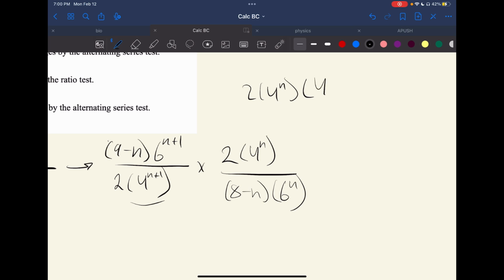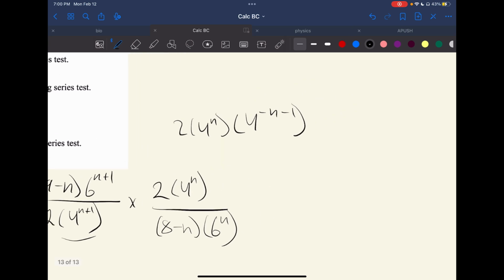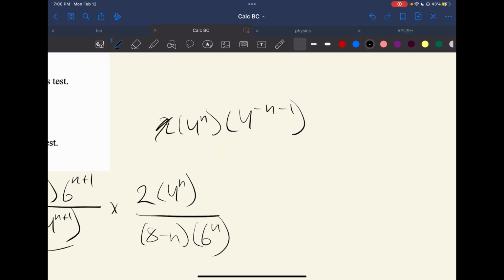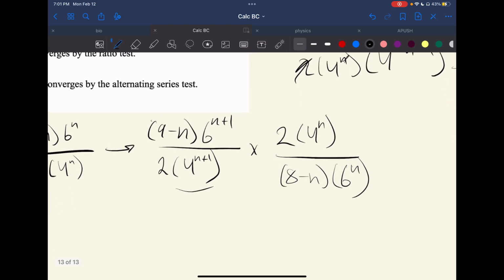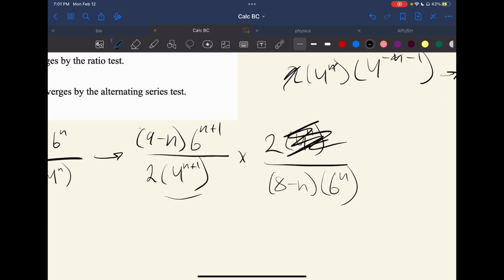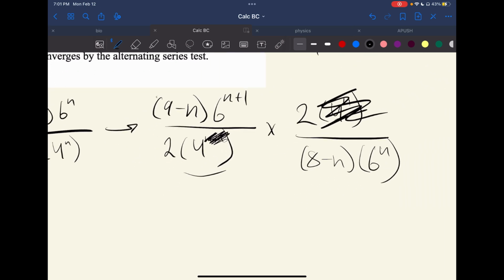So it's going to be 4 to the negative n minus 1 if I bring that up to the numerator. So let's forget about the 2 for now. That's going to cancel out. The n's are going to cancel out. This is going to become 4 to the negative 1, right? So this 4 is going to cancel, and this 4 is going to stay, but it's not going to have anything over here. And then the 2's are going to cancel out, right?